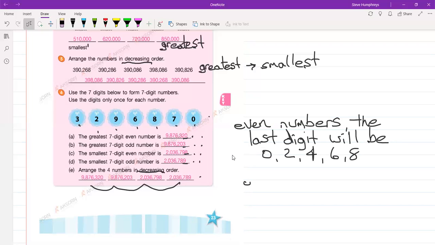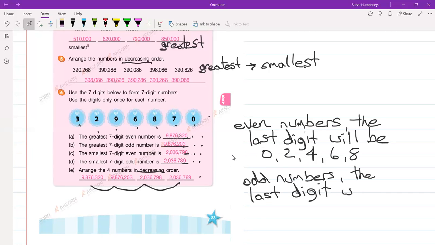And odd numbers will be 1, 3, 5, 7, or 9. That will be an odd number.